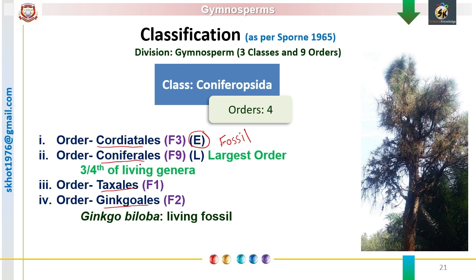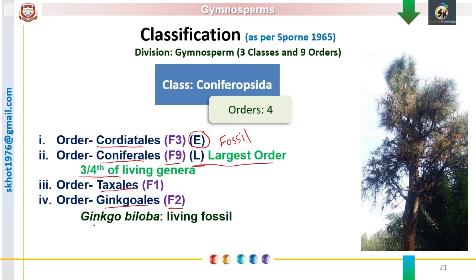Coniferales is one of the largest orders in the gymnosperms. It includes living forms. There are 9 families. This is the largest order. This order includes about 3/4 of all the living genera in the gymnosperms. The order Taxales has 1 family and order Ginkgoales includes 2 families.